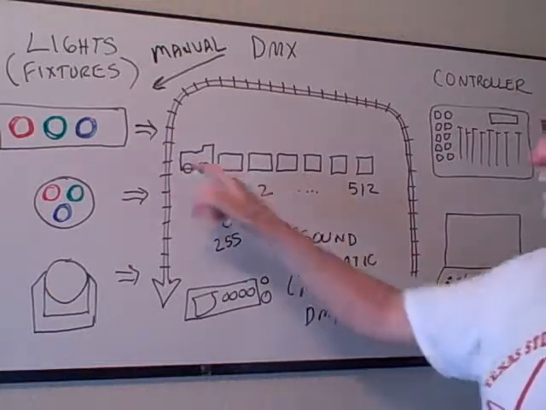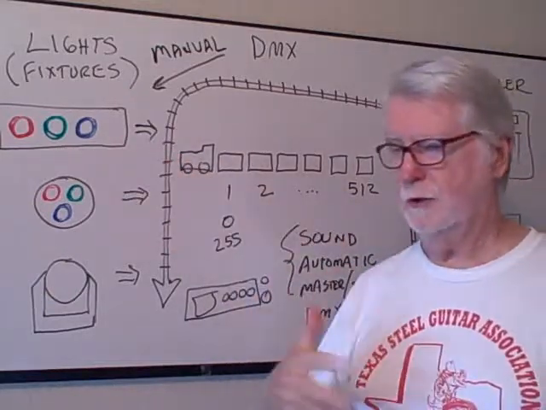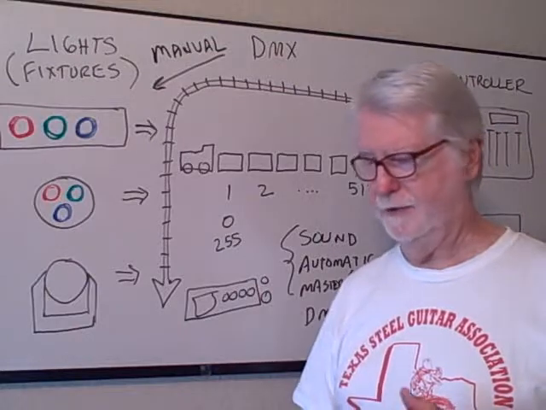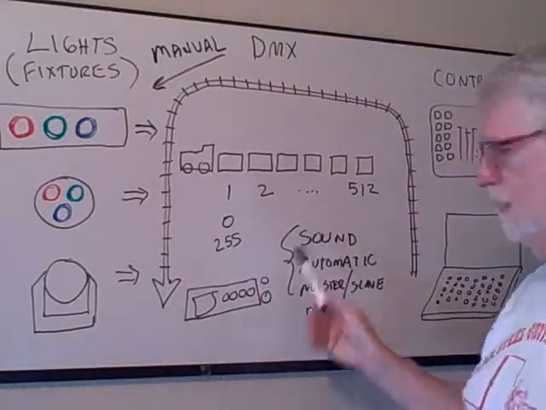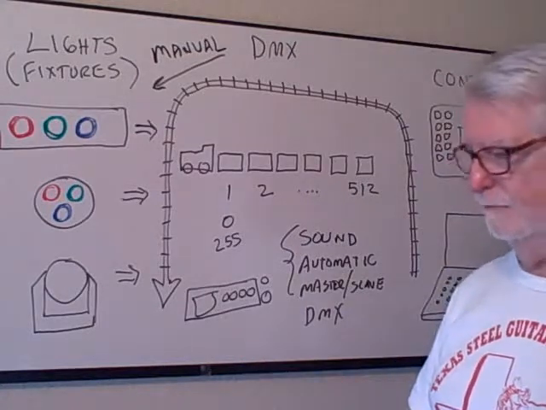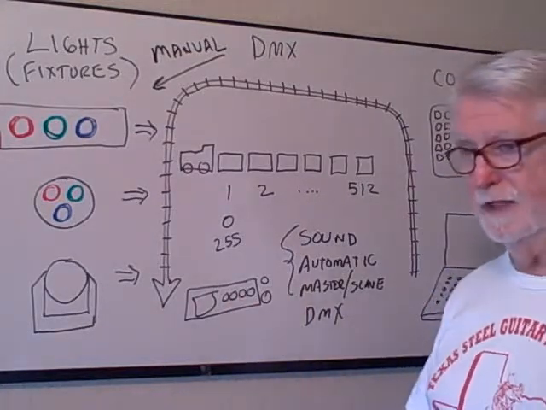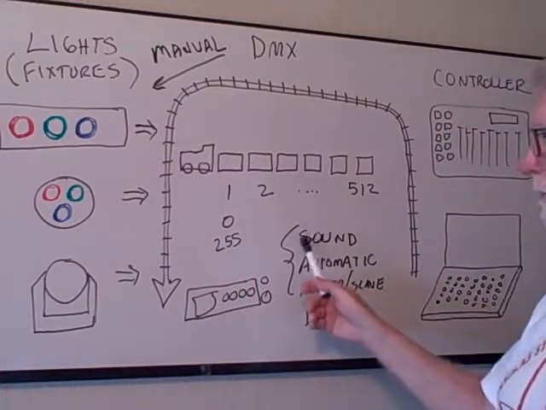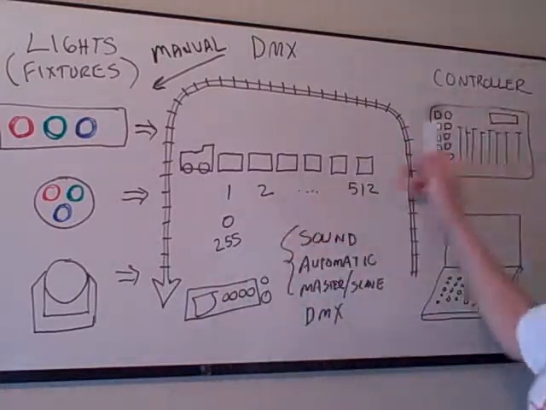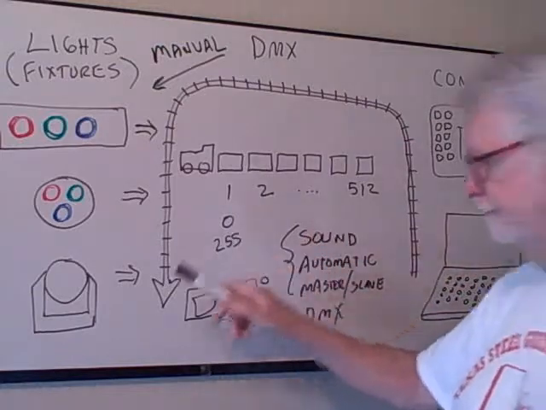If you put the fixture in sound mode, it will just flash along with whatever music it happens to hear. This is a very common mode, probably the most common mode. It works great. So if you're just looking at a weekend band and you want the lights to do something other than just sit there, sound mode is your solution. Again, you don't even need the DMX stuff to go into sound mode.